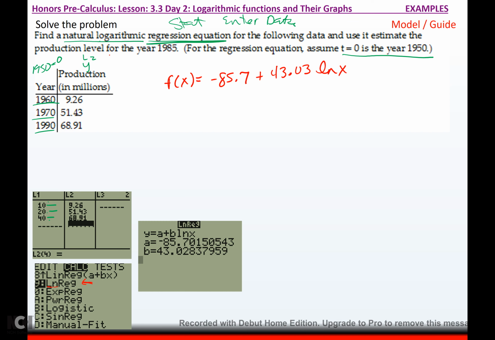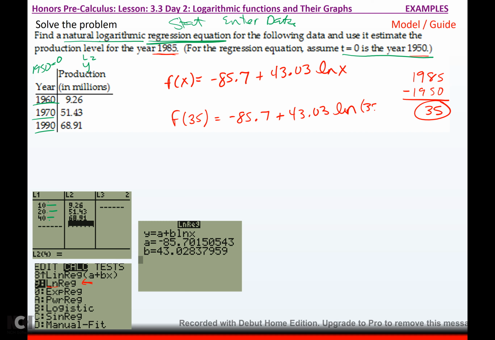Now to solve this, it wants to know, use it to estimate the production level for the year 1985. We can do it graphically, but let's do it algebraically first. In 1985, to figure out how many years from 1950 that is, we would subtract, and that would give me 35. So since x represents the year, they're telling me to replace x with 35. So the value of the function at 35 years would be negative 85.7 plus 43.03 times ln of 35.